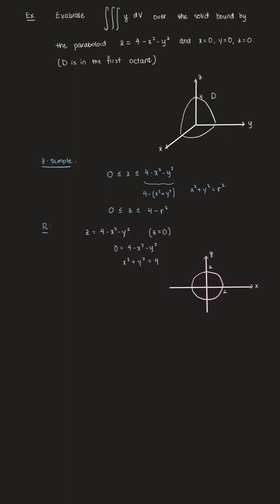We only need the part that's going to be in the first quadrant since our region is in the first octant. So I'm just going to erase those pieces so that we can figure out how to traverse our region that is in the first quadrant of our xy plane.